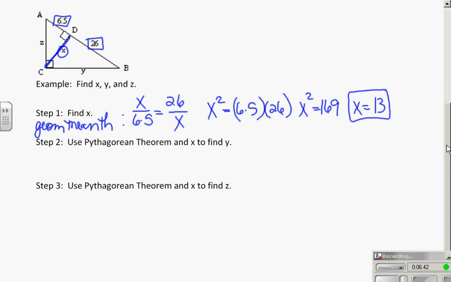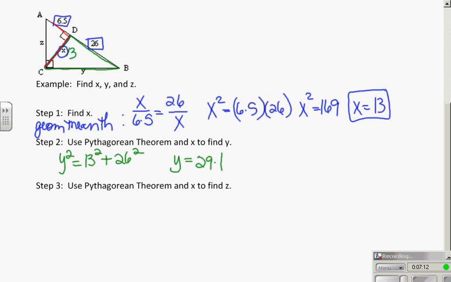Now, this becomes kind of a fun problem, because if x is 13, now I have one right triangle here that I can use the Pythagorean theorem on. Y squared is equal to 13 squared plus 26 squared. And when you do that math and square root, you'll find that y is 29.1.